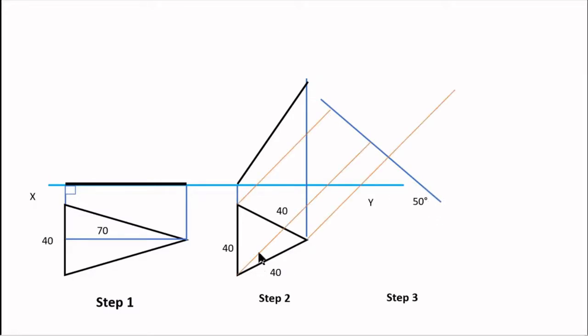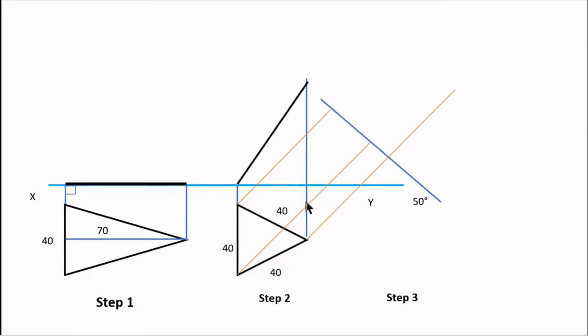I project the corners through perpendicular projectors onto this auxiliary plane, and then take distances from the XY and mark them on it. So projectors from the top view, distances from the front view. Point A and these 2 points are on the HP XY line, so on this auxiliary plane also they would be on the XY line.